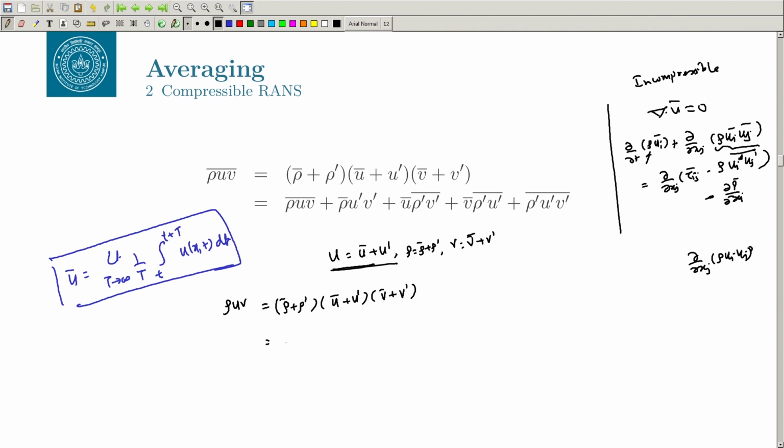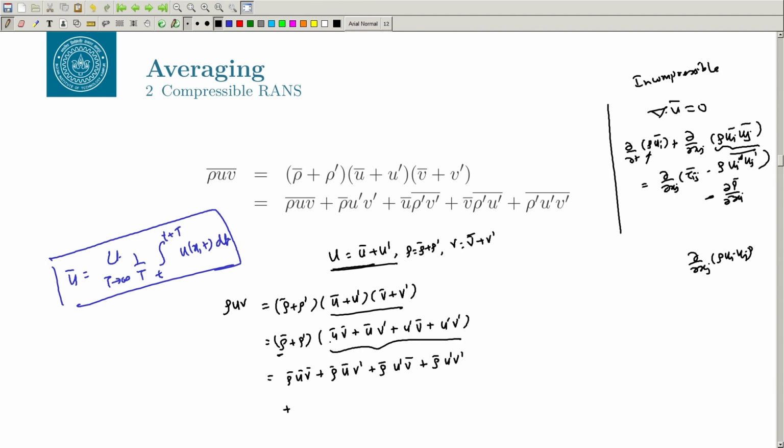Let us work this out. Rho bar plus rho prime, times u bar v bar plus u bar v prime plus u prime v bar plus u prime v prime. Multiply it again: this is rho bar u bar v bar plus rho bar u bar v prime plus rho bar u prime v bar plus rho bar u prime v prime. I multiplied rho bar with all of them.